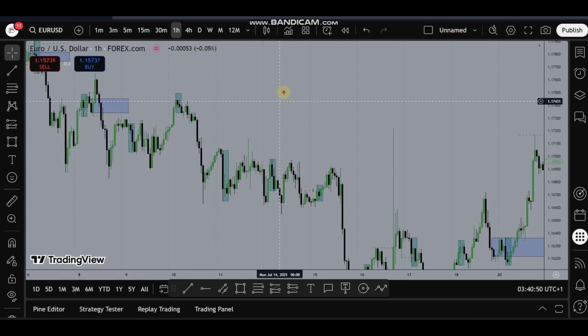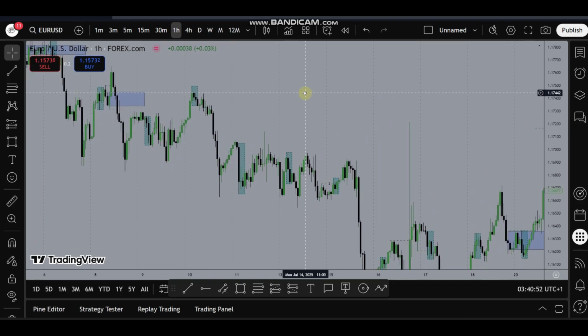So rejection blocks are just for you to know about, because in rare cases price respects rejection blocks. So here, rejection block over here, now you can see we have a break of structure here.